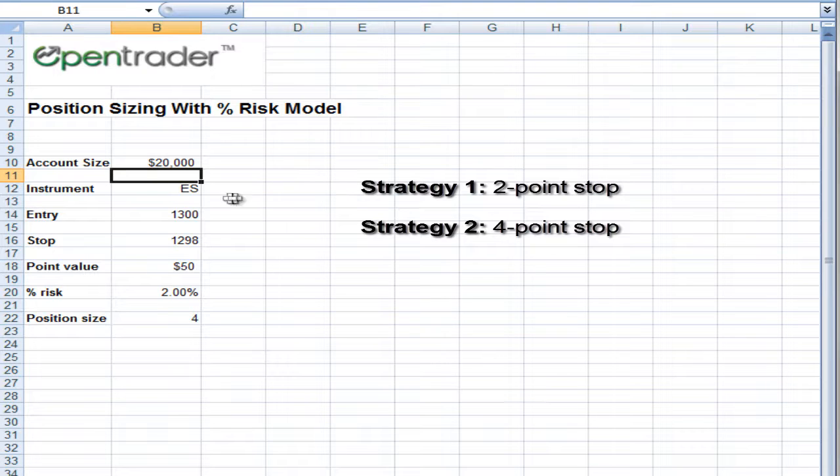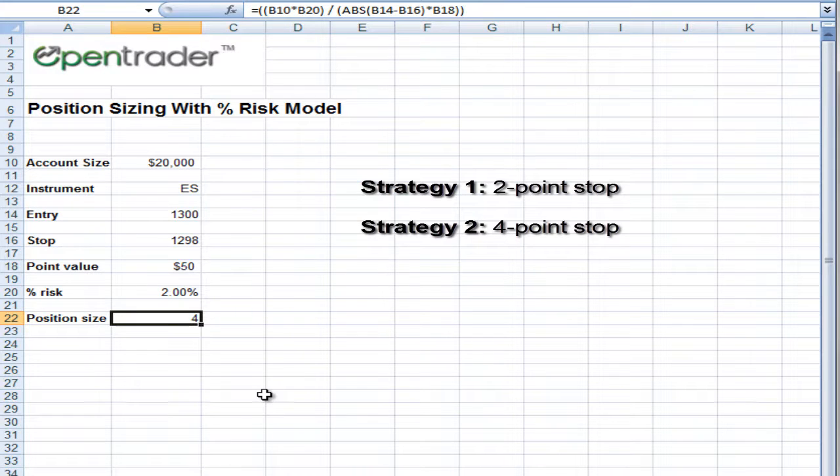What would happen if I didn't use the percent risk model, and instead I just used a fixed position size? Let's say I always used 4 contracts. Even as my account size went up and down, right, I used 4 contracts. Well, for a 2-point stop strategy, that means you have $100 of risk per contract. The loss when you have 4 contracts is $400.